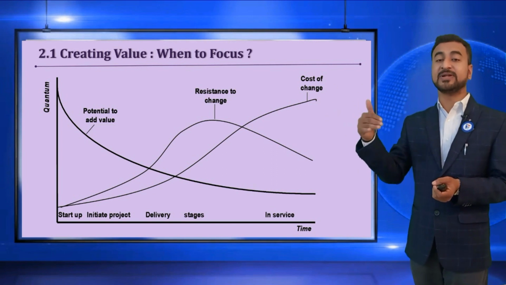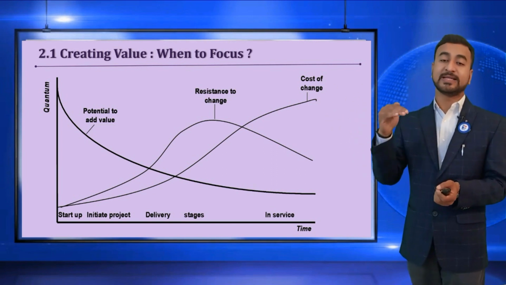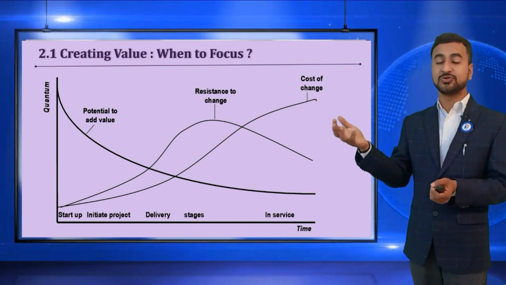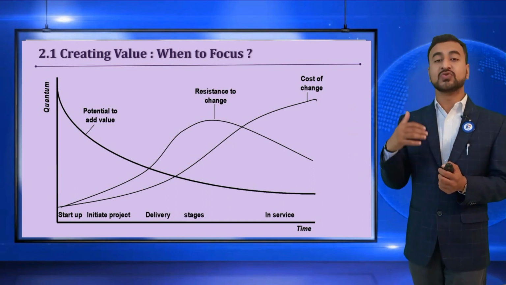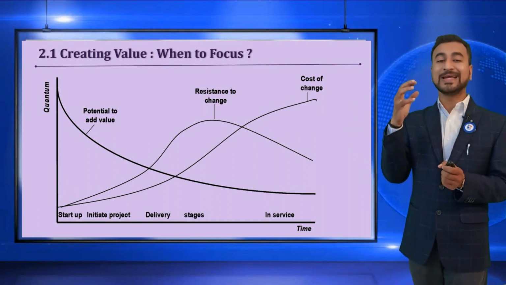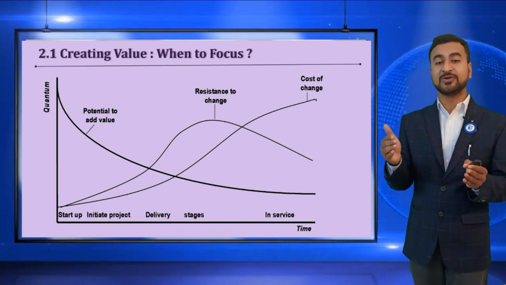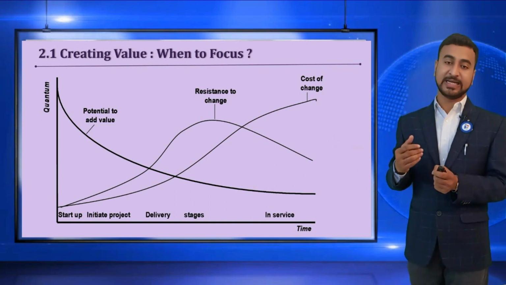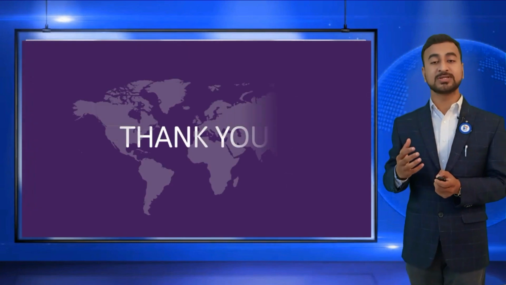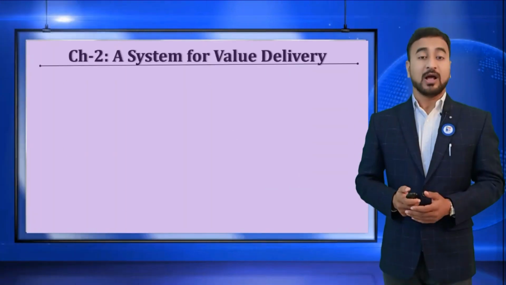But at the last stage, when you have built it up, there is a high cost you have to pay for such changes, and the resistance to change is also very high. So you should ideally focus on the initial time for value delivery, and throughout the project life cycle you have to constantly validate that benefit. So that is where to focus on the project.